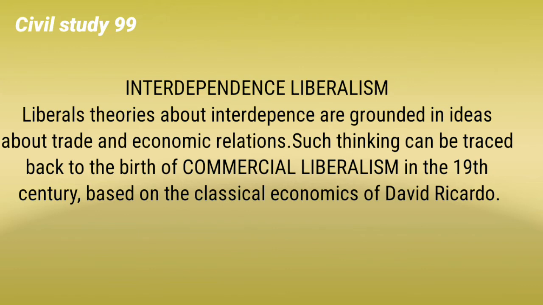Liberal theories about interdependence are grounded in ideas about trade and economic relations. Such thinking can be traced back to the birth of commercial liberalism in the 19th century, based on the classical economics of David Ricardo. The key theme within commercial liberalism was a belief in the virtue of free trade.